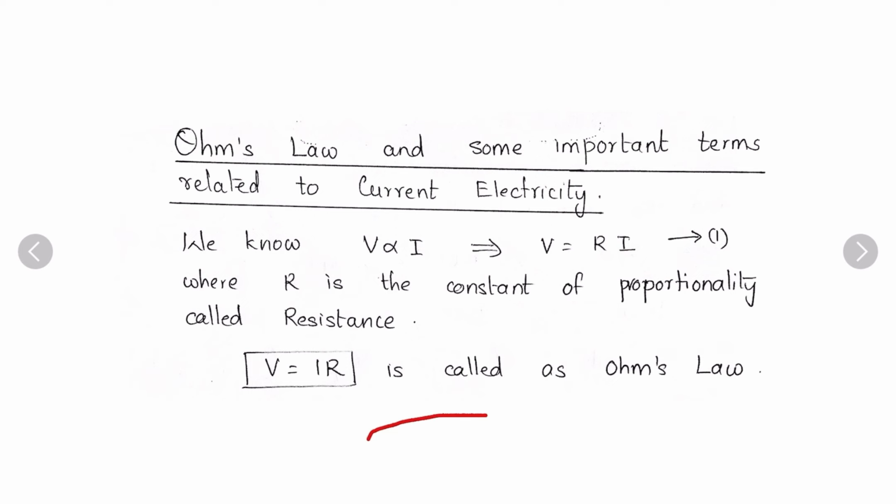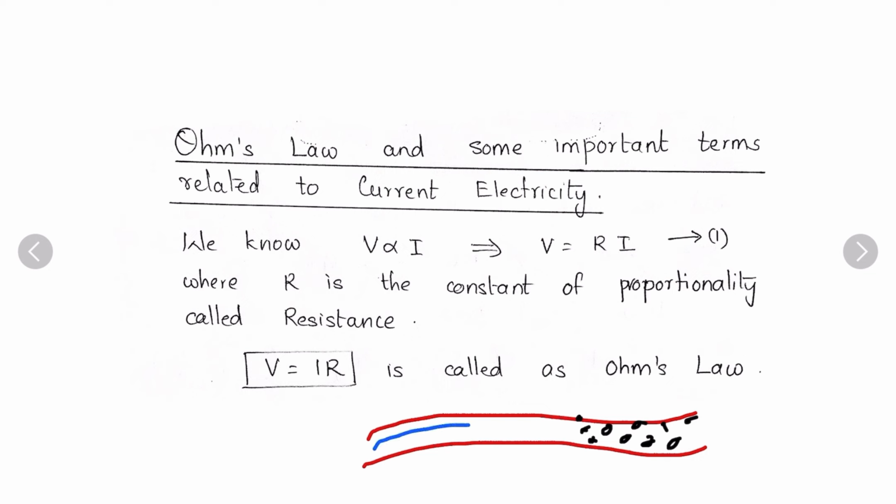Whenever a water pipe is filled with mud and stones, the water cannot come out freely. So these stones and mud work as the resistance for the flow of water.